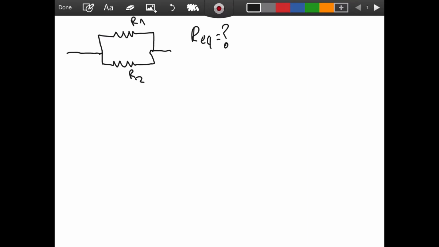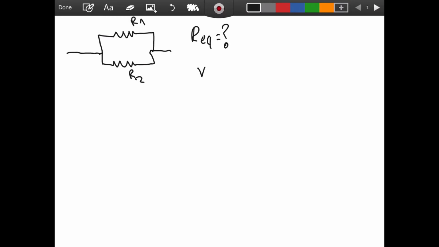Just like the previous video where I derived the equivalent resistance of two resistors in series, let's start with what we know. So we know that, as I said, the voltage across these two resistors will be the same.